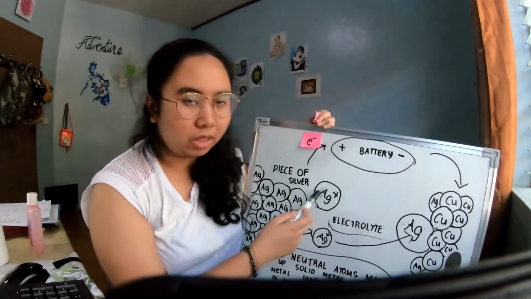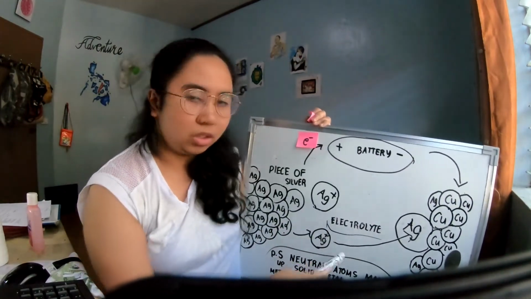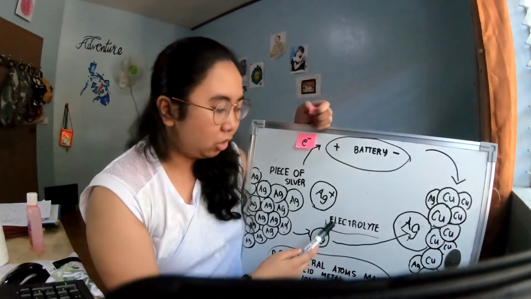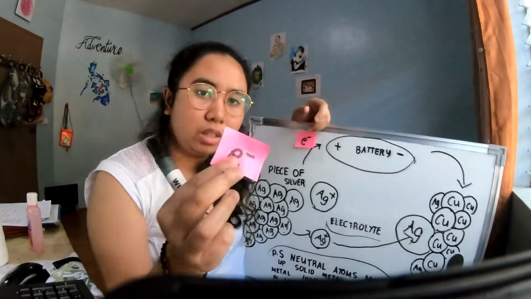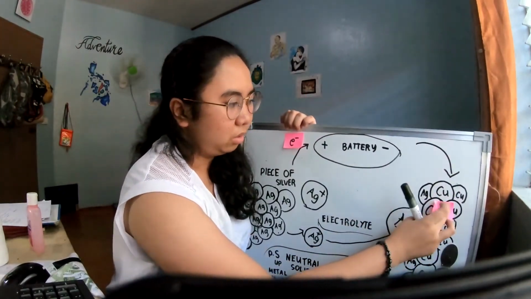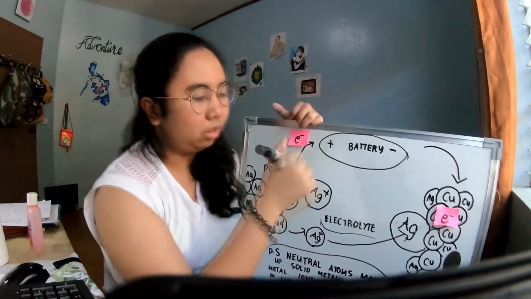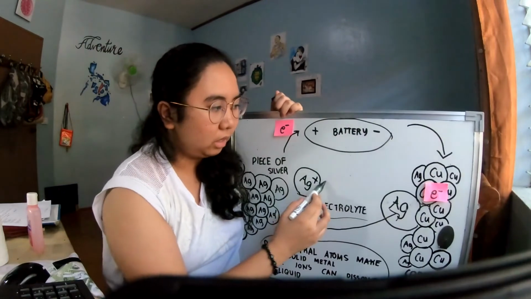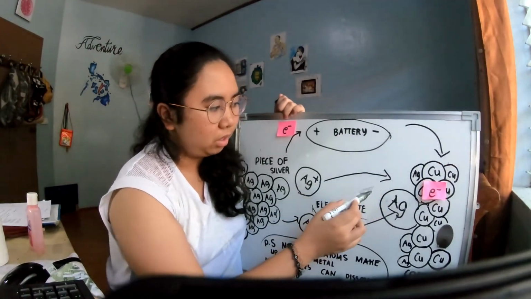Again, for example, this Ag, it is already in the solution. It is positively charged, and because of the electrons, if electrons are moved here, Ag will be attracted towards the copper.